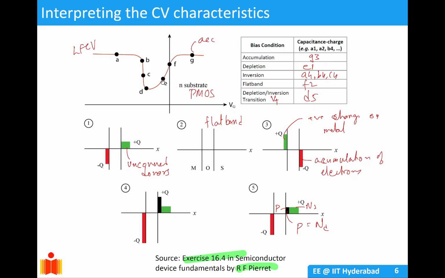Then you come to E, which is your depletion condition. In depletion condition, you have a negative gate voltage applied, so there will be negative charges in the gate region.